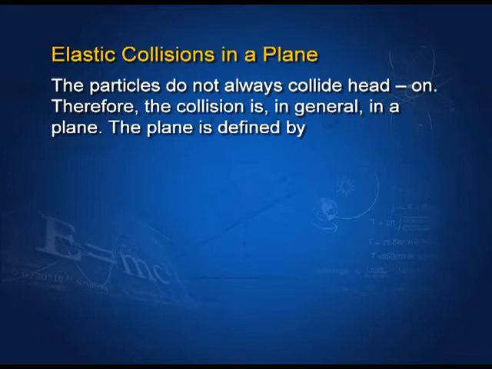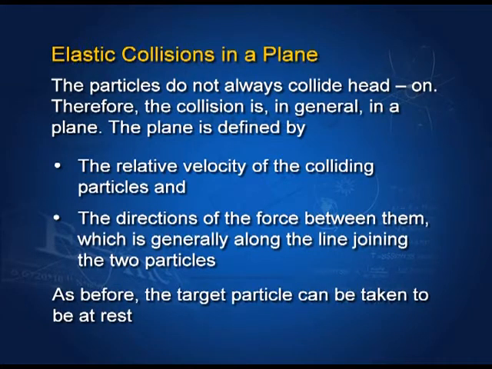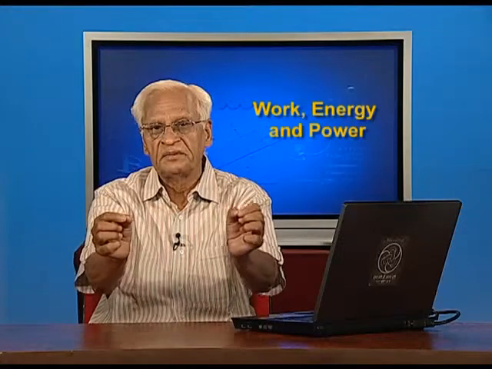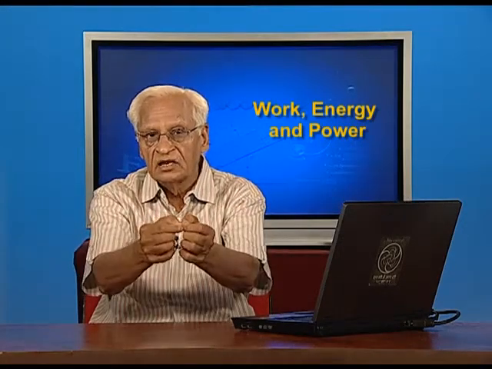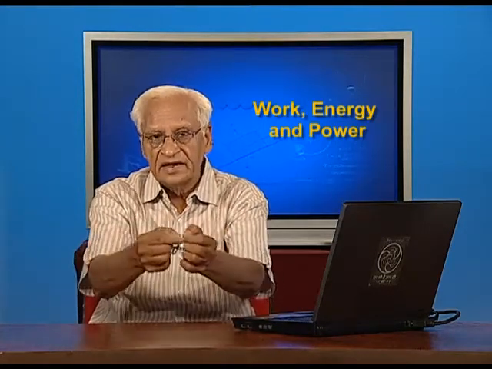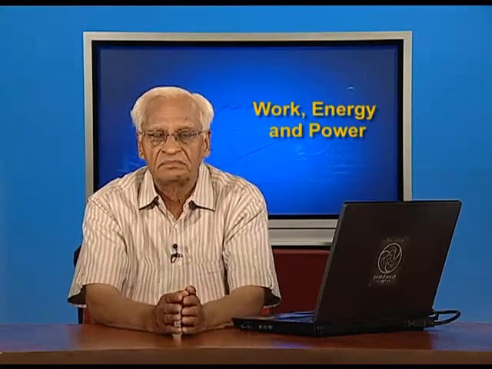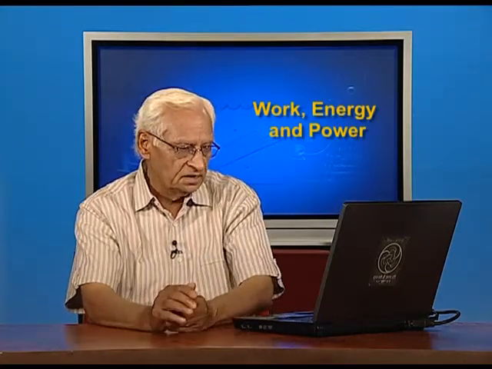The plane is defined by the direction of the relative velocity of the colliding particles and the direction of the force between the particles. The force between particles can be taken as the force along the line joining their centers. So, this line and the relative velocity of the particles define a plane in which the collision takes place.